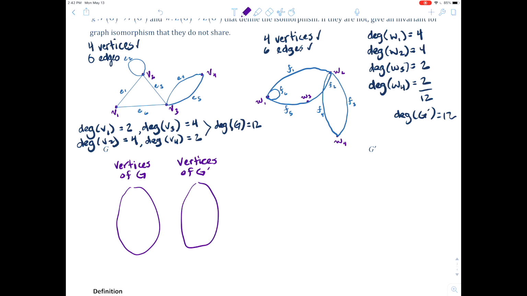We're going to see if there's some kind of correspondence. Sorry, it's so hard to get ovals to look alike. So the first ones are what? V's, V1, V2, V3, and V4. And then G prime has W's, W1, W2, W3, and W4.